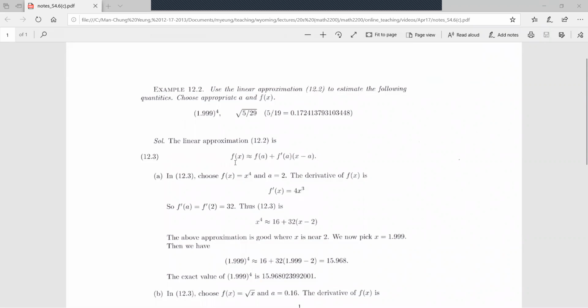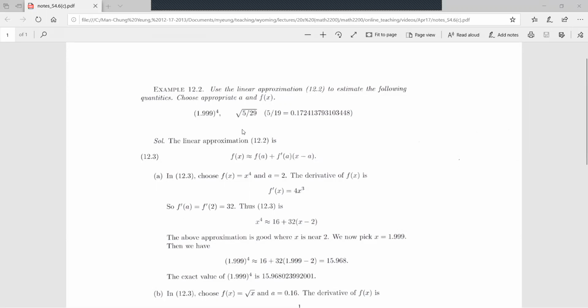The left-hand side is the function f, the curve. The right-hand side is the tangent line to the curve at the point a. When the two points, x and a, are close to each other, this approximation is very good.